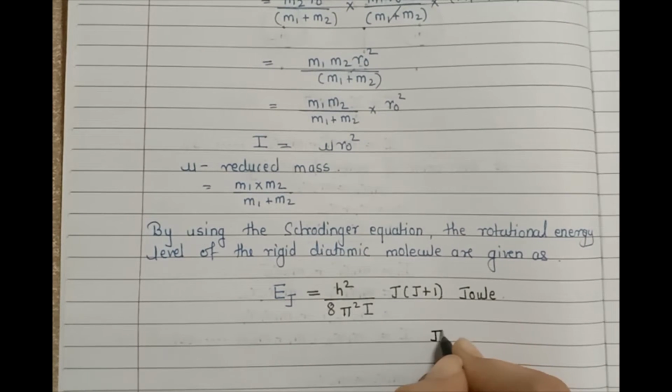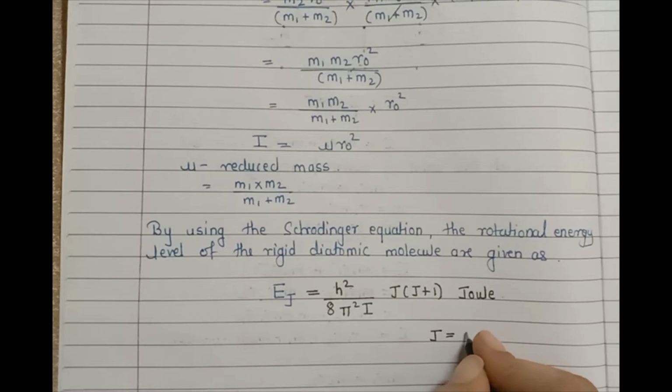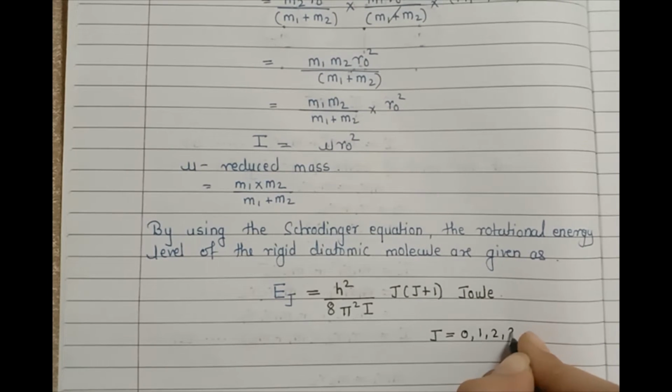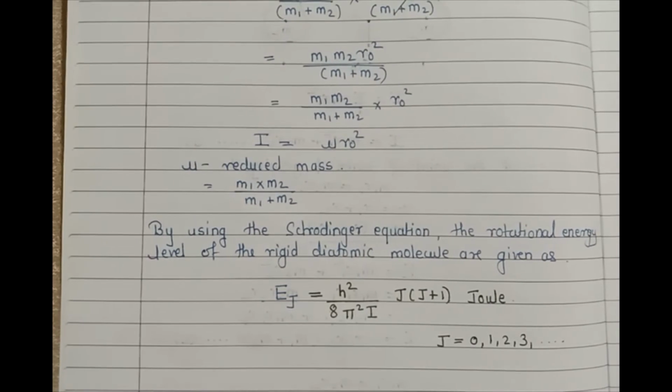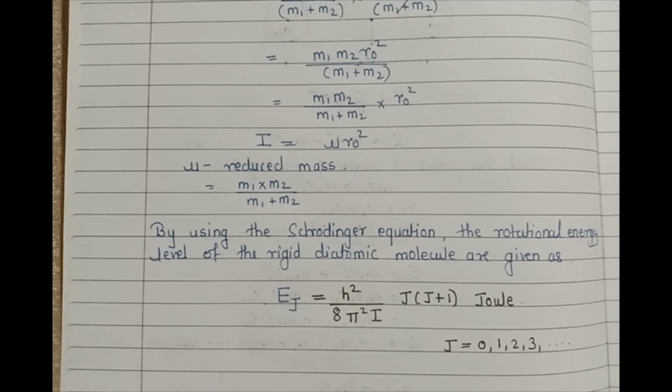So the value of J is equal to 0, 1, 2, 3. So what is this J?